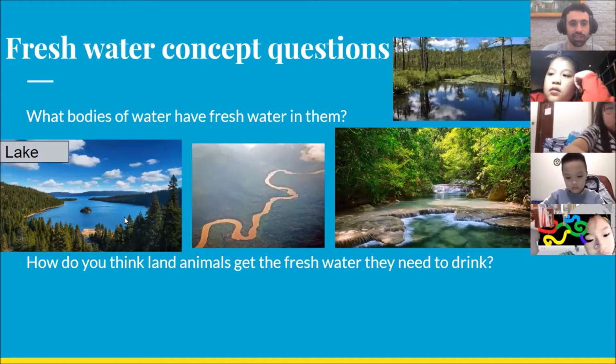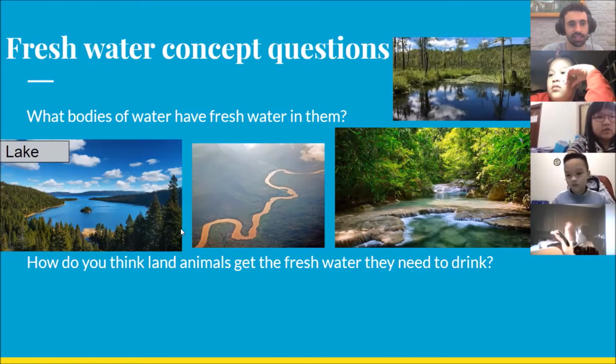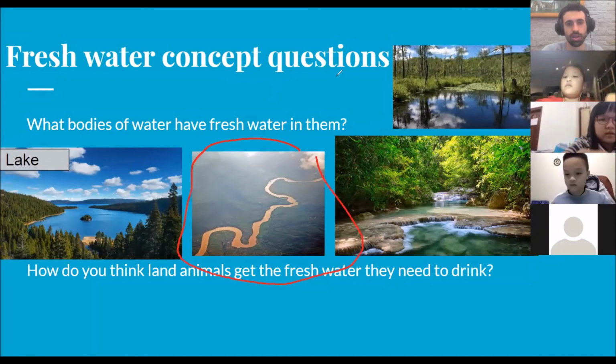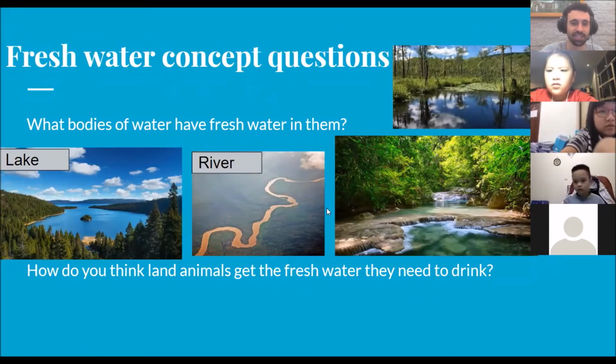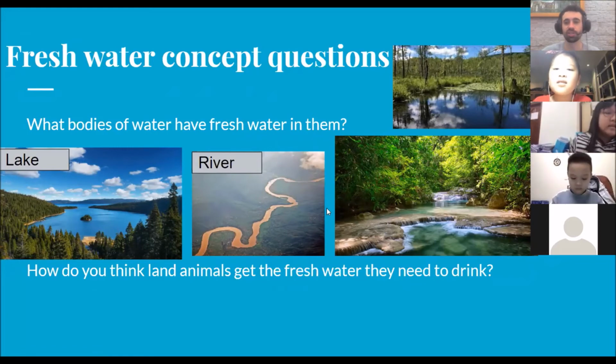Let's see if we can match these. Dorito, what is the next picture? A river. And then the next one is a pond. No, the next one is not a pond. Belle, what is the next one? The next one is a waterfall. It's a waterfall, but it's like a tiny river. What is a tiny river? Pond?